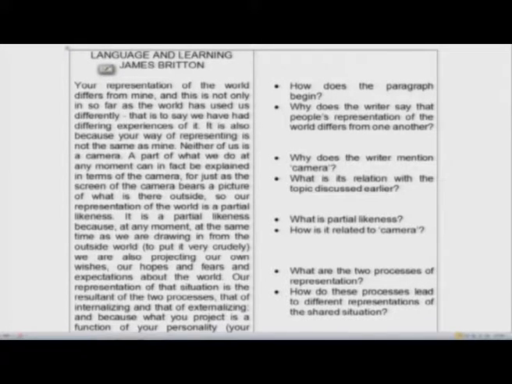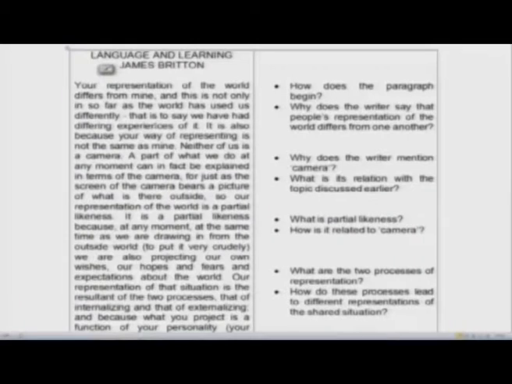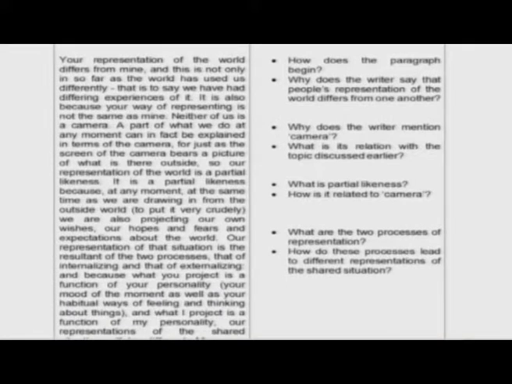Second, it is also because your way of representing is not the same as mine. So, this is point number 2. Our modes of representation, our methods of representation are not the same. Because of these two reasons, the writer makes a claim here that representations of the world are not the same.